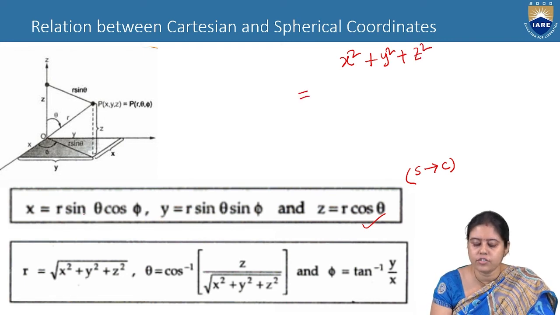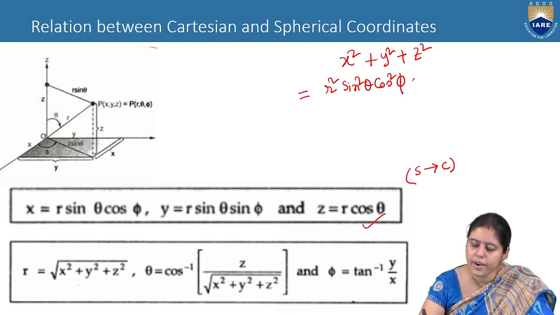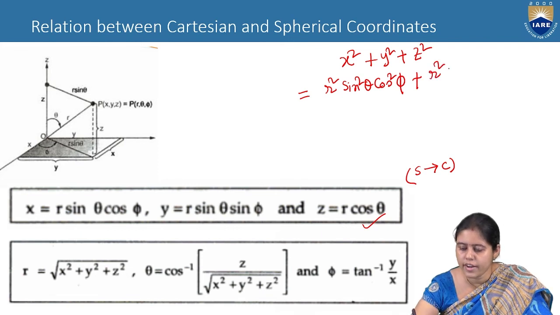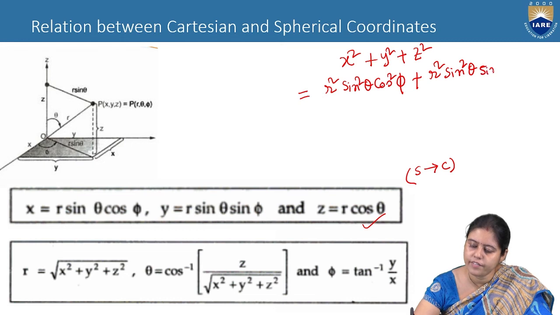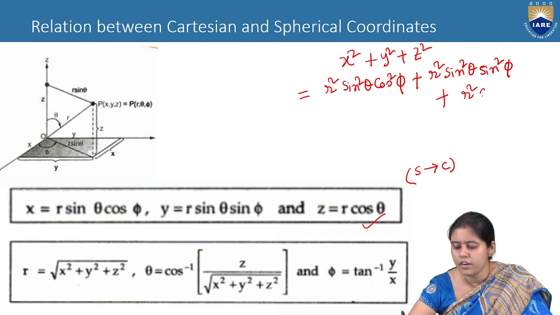R square sin square theta cos square phi plus r square sin square theta sin square phi plus r square cos square theta.